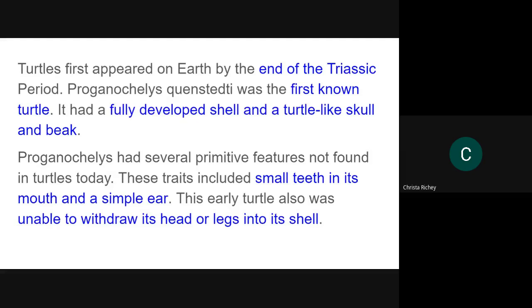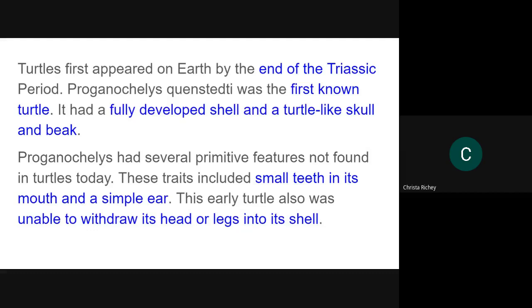Your first turtles couldn't pull inside their shell like they do now. That was just an evolutionary adaptation that occurred later. This particular turtle, I'm not even going to try to pronounce, Proganochelys, is how I would pronounce that.